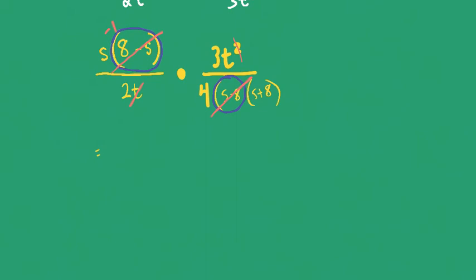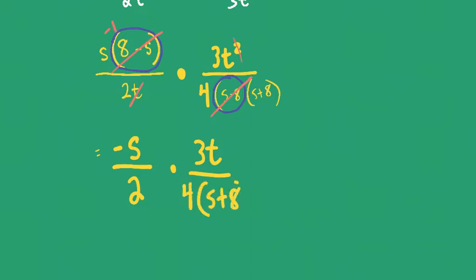Okay, so we've got s times -1. On the bottom, we just have that t. On the right, we've got 3, and then just the 1 t left over. On the bottom, we've got 4, and then s plus 8. Okay, so the 8 minus s is gone, the s minus 8 is gone, and we just multiplied a -1 somewhere on top or bottom.